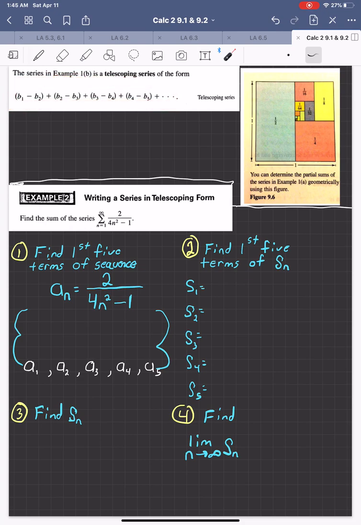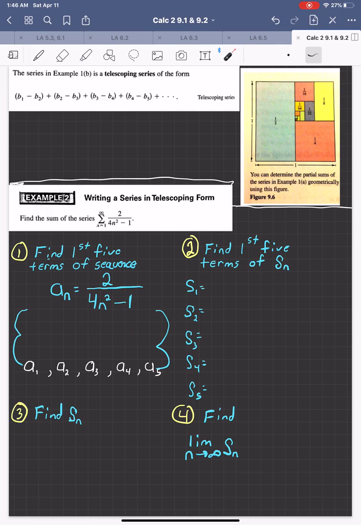Now, since we're still learning, I want to go through this a little bit faster. Notice that if you want to find the sum of the following series, you absolutely can continue to go through the steps.